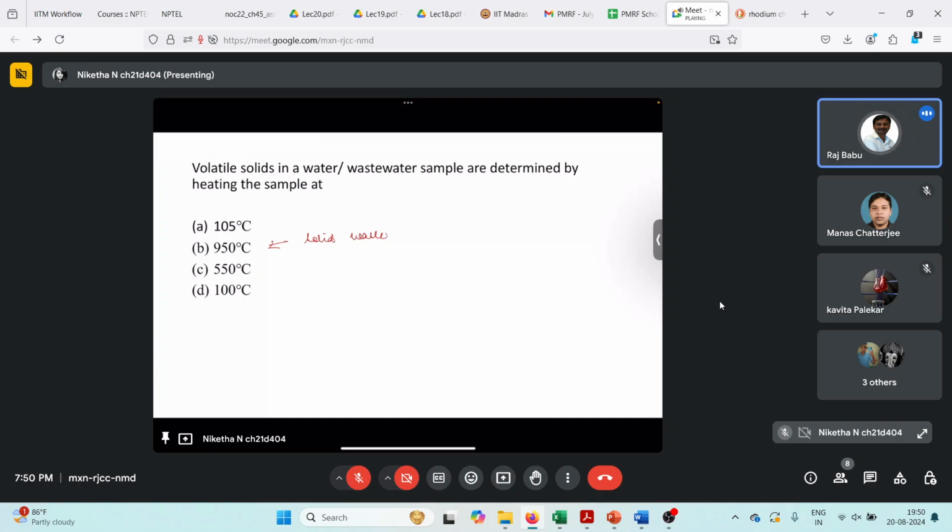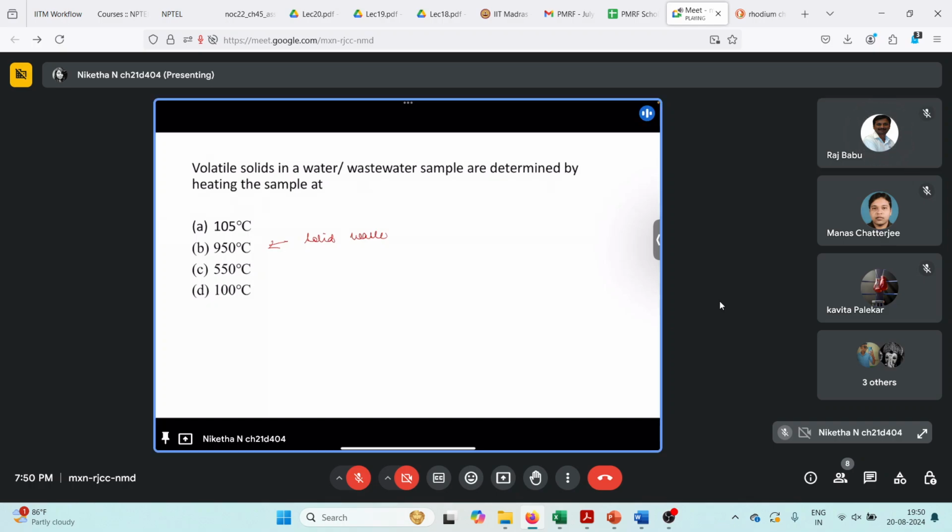Option A, 105 degrees centigrade. At 105 degrees, the water will evaporate. So that is incorrect.